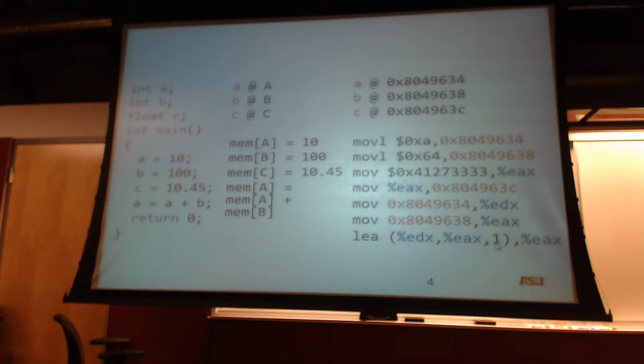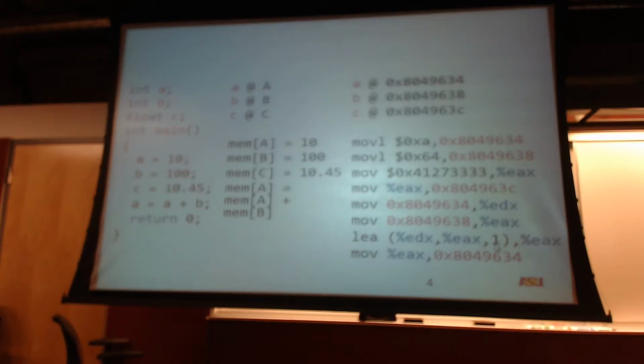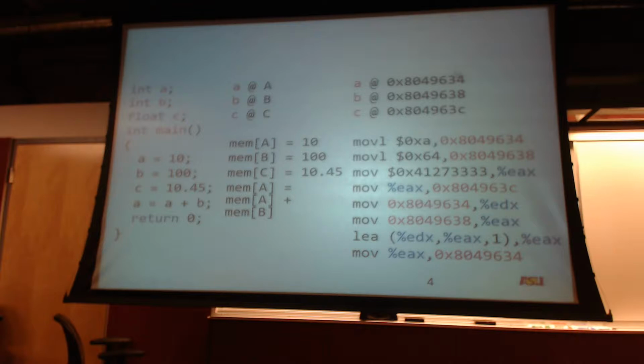Once we store it into EAX, we need to take that EAX register and put it back into A. That's what we did for A equals A plus B. So A equals A plus B is actually 4 instructions. A plus plus is 3 instructions.